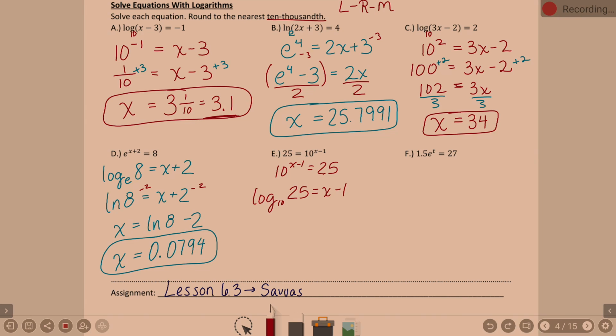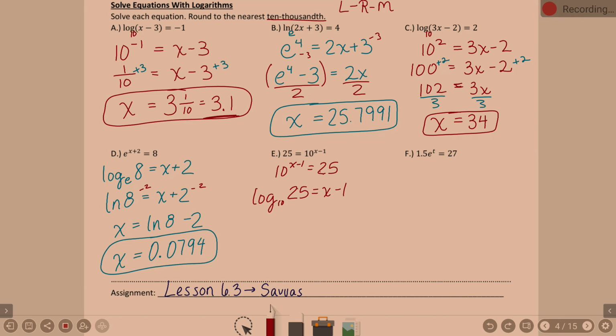So whether you write down that first flip is up to you. Now, I wrote log base 10 of 25 because I'm trying to show you where this 10 goes. This is my left, my right, my middle. Log base 10 of 25 could also just be written as log of 25.